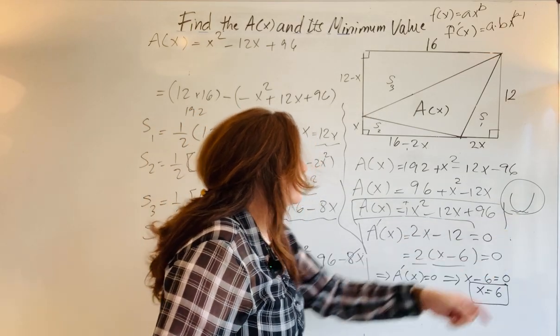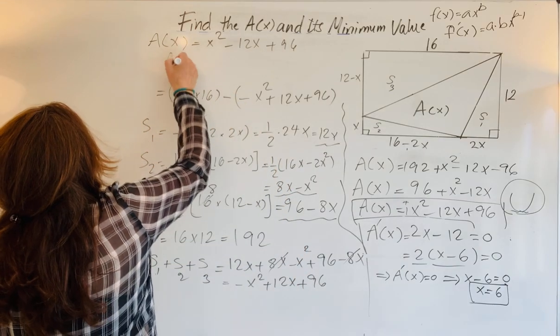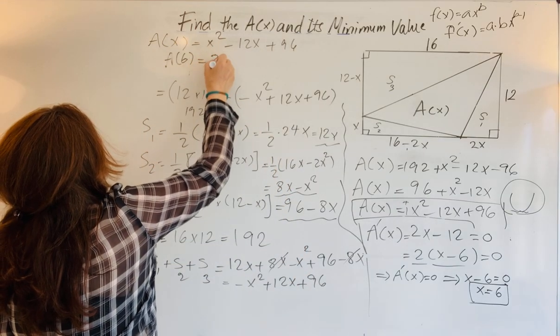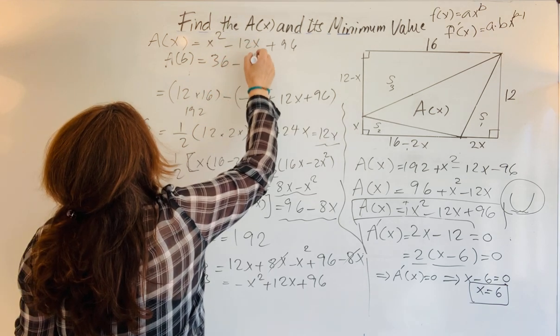This is the minimum. Find this: a of 6 equals 36 minus 12 times 6.